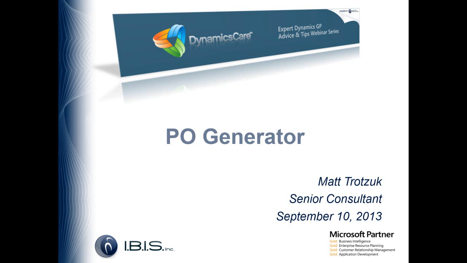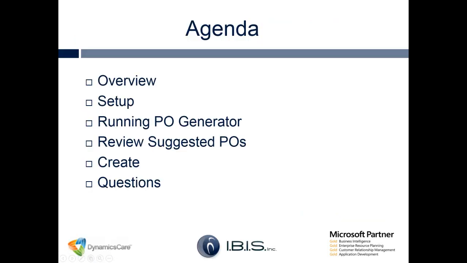Okay, to kick things off, we're here to talk about the PO generator. What I want to do is walk through the agenda, what we're hoping to accomplish during this period. The first one being the overview. What is the PO generator? What can it do for me? And what does it look at? We're going to walk through the setup, how to actually go in and set up items in order to be included in the generation of purchase orders.